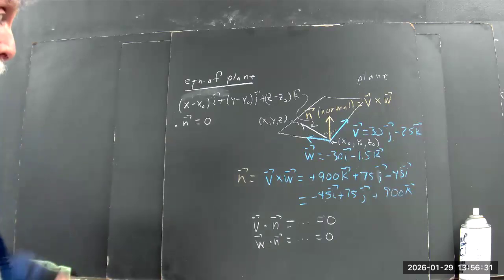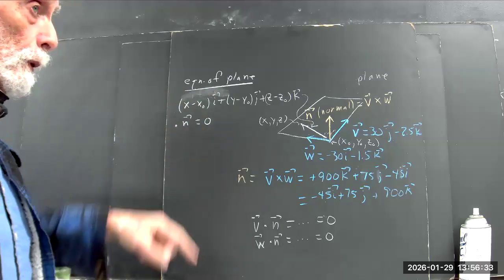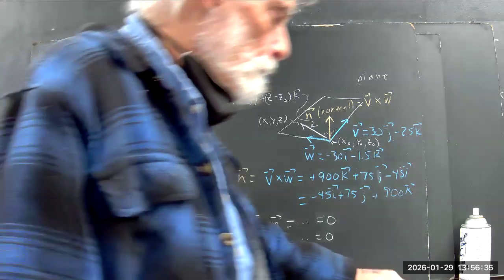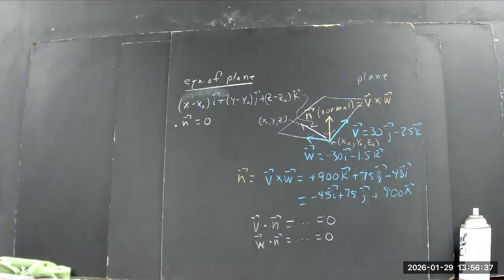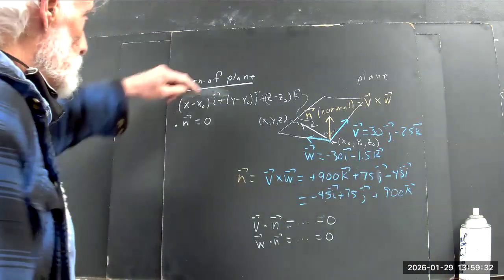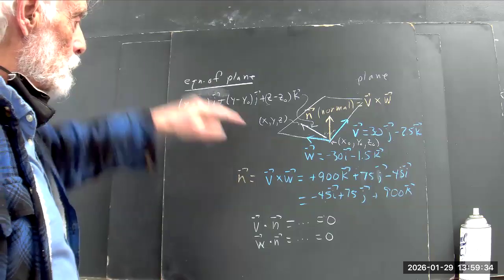Okay. Well, what do I get when I dot this with the normal vector? Go ahead and write it out. This is real important. It's not going to take long. You don't have to write out every detail. You look at the normal vector, you look at this vector, probably tell me what you're going to get. What's the dot product of this vector with this vector?